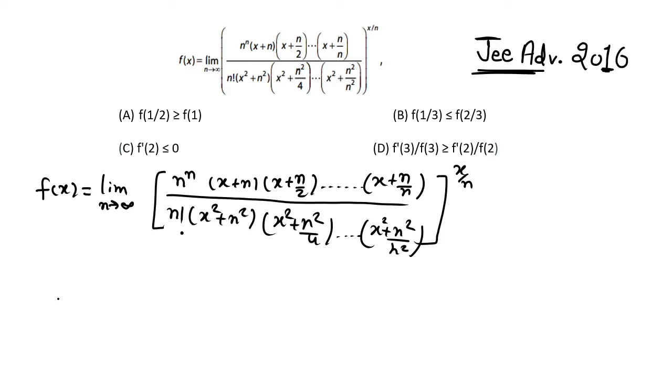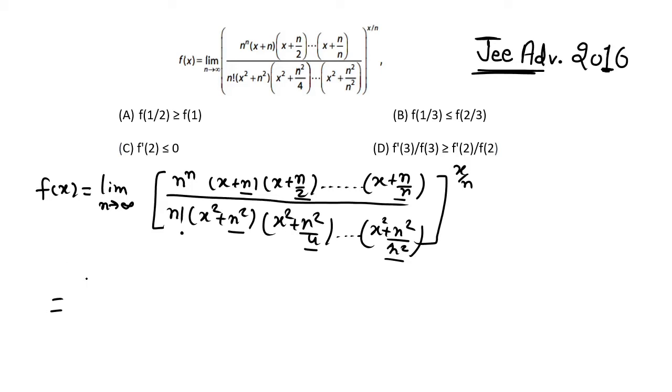So we can clearly see that we can take n common from this term, n/2 common from this term, and n/n common from this term in the numerator. And in the denominator we can take n² common in this term, n²/4 common in this term, and n²/n² common in this term.